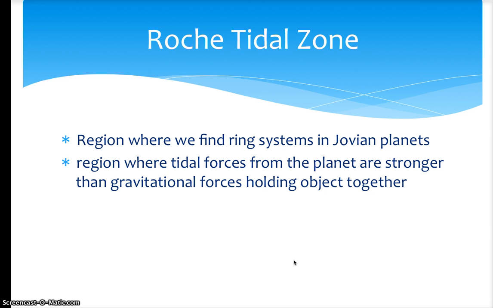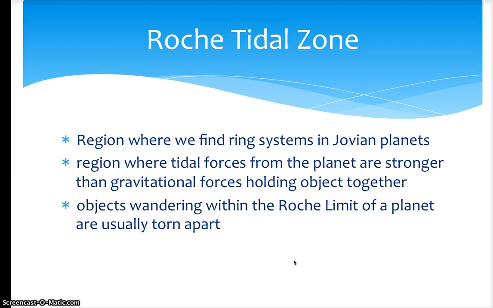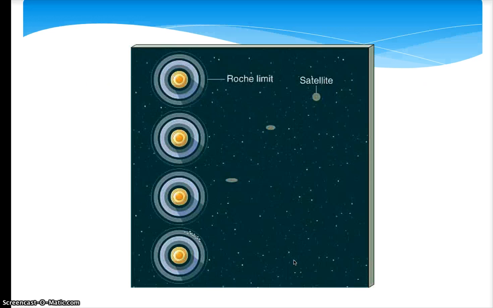When you're within the Roche zone, the tidal forces from the planet are stronger than the gravitational forces that hold the object together. So essentially what happens is when objects go within the Roche limit of a planet, they get torn apart. Here's a little picture showing that.